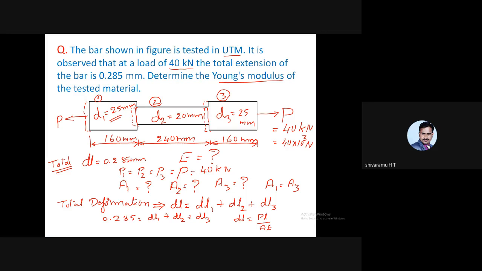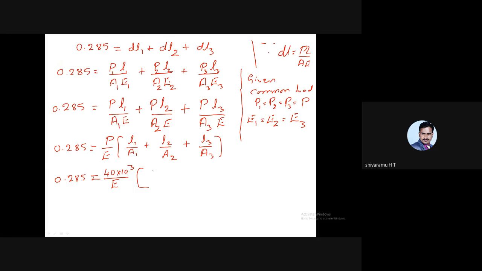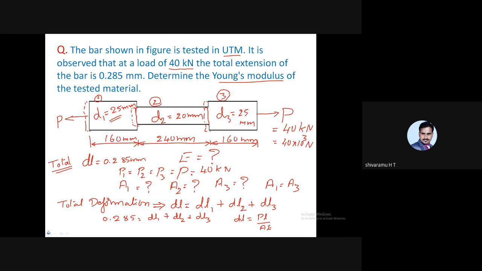Length is 160 and diameter is 25. 160 divided by area, and since the diameter is given, you can go with pi d square divided by 4, plus the second section area. Diameter is 20 and length is 240.